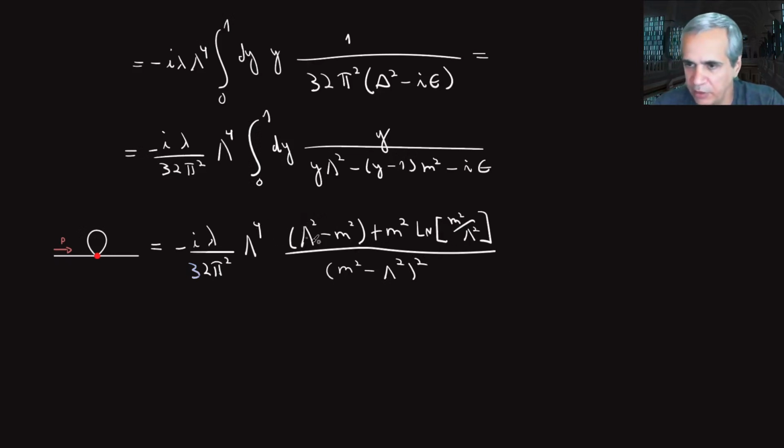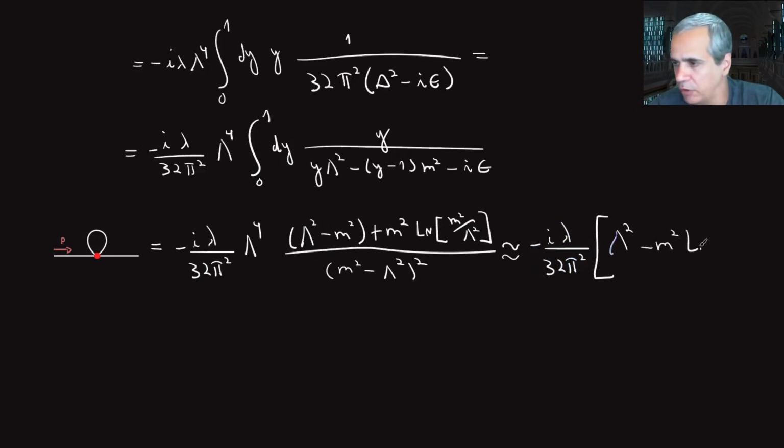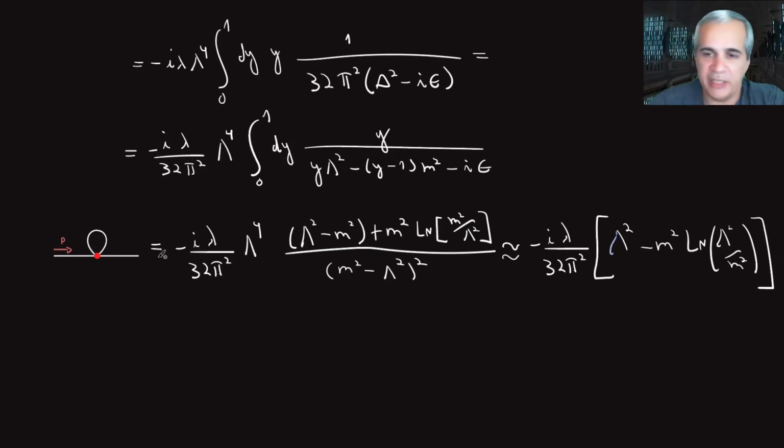And again, I can do that thing, I just take all the lambdas out and take the limit, which will give me this guy equal to lambda squared minus m squared log of lambda squared over m squared, right? Which, as predicted when we analyzed this loop, diverges quadratically in the parameter. Here it is. There's also a logarithmic divergence, which is there.